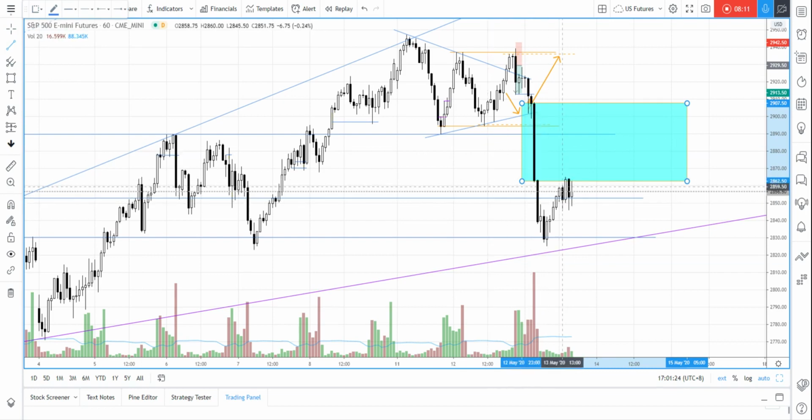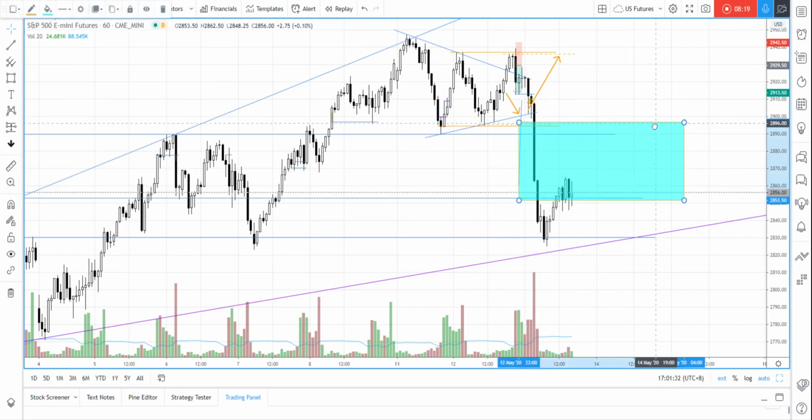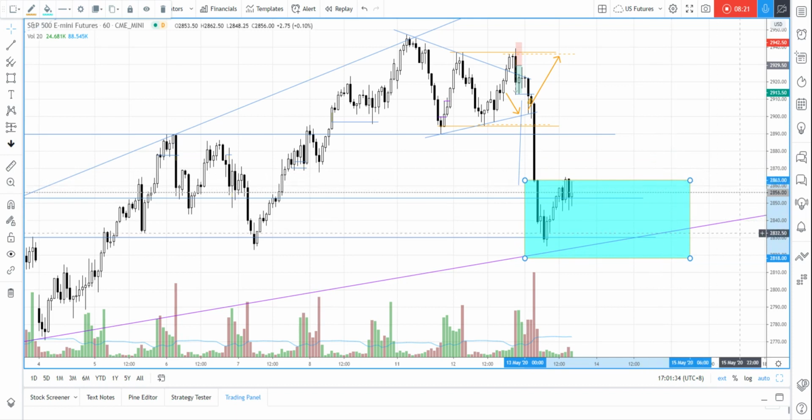But even the bar below this is also providing some resistance at the moment, because we can't really commit above this bar here.